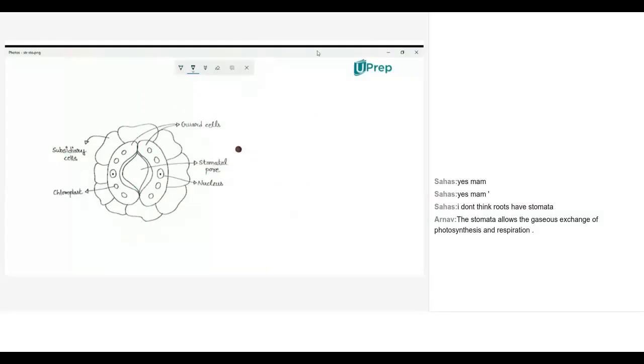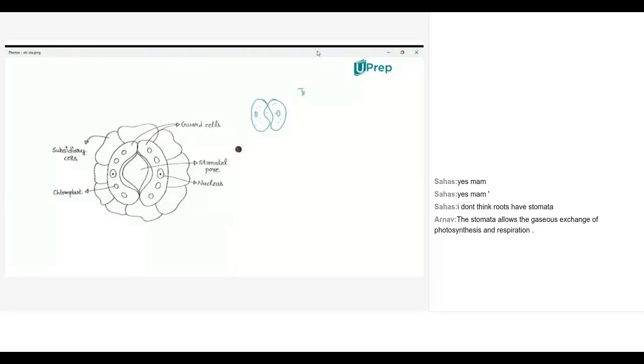Assume that this is the guard cell. Okay, we are having two guard cells. In the guard cell, you will be having a nucleus and chloroplast. Now, this is the pore, the actual opening, the stoma.